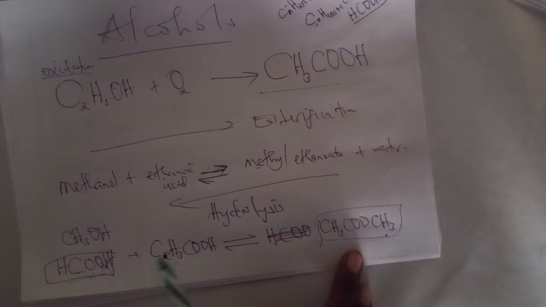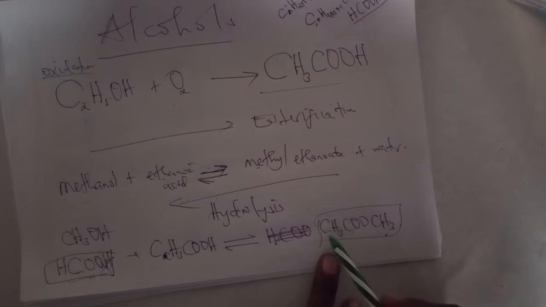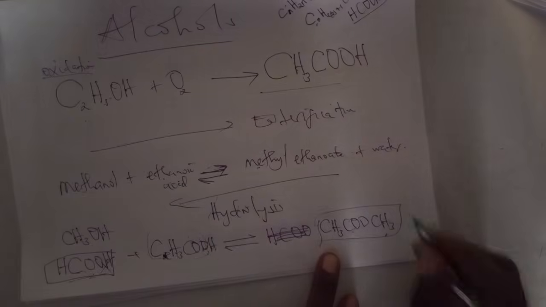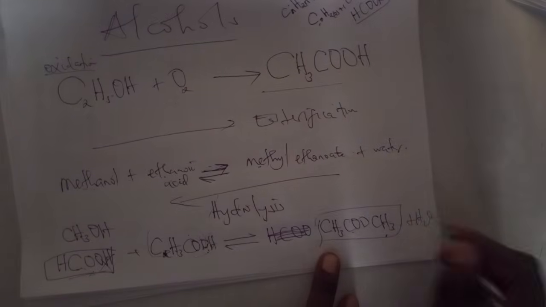Now, I also want to make you know that when writing, you start with the acid. Then you write it up to here. You leave the H. Why? Because not the H, but the OH: this H from the acid and the OH from the alcohol, they combine to form the water, which is also a byproduct.